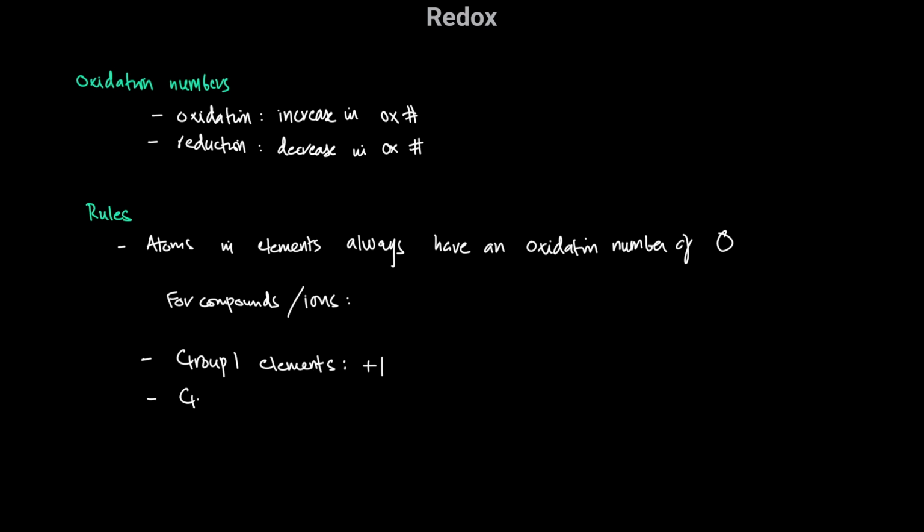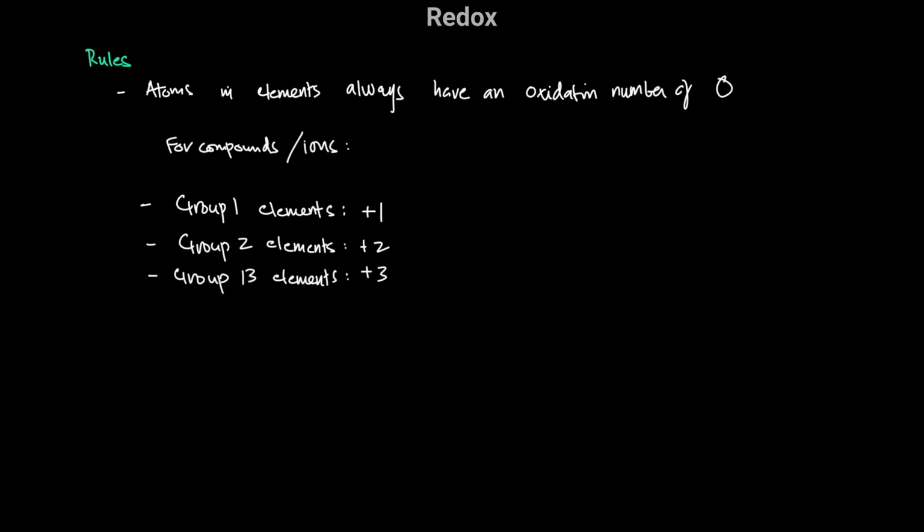Group 2 elements will always have an oxidation number of +2. Group 13 elements in compounds and ions will always have an oxidation number of +3. Remember, aluminum is in group 13, not group 3, group 13.